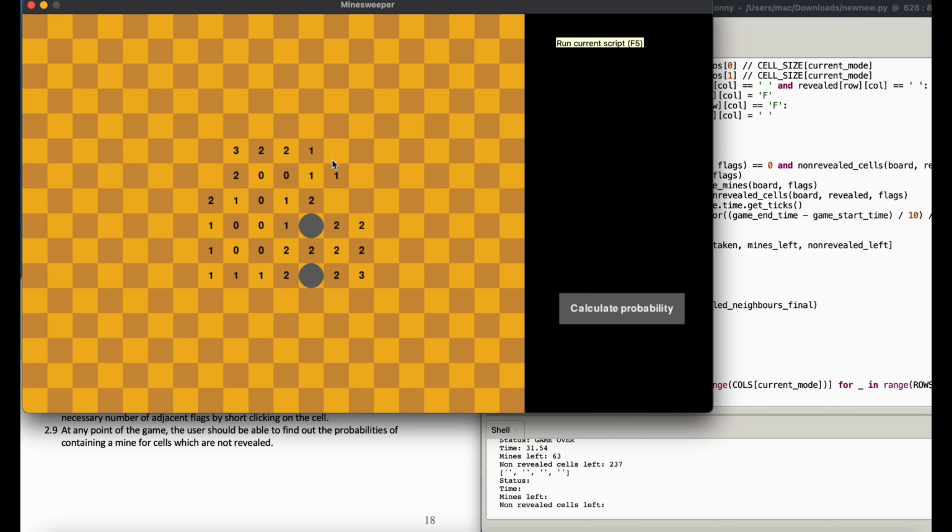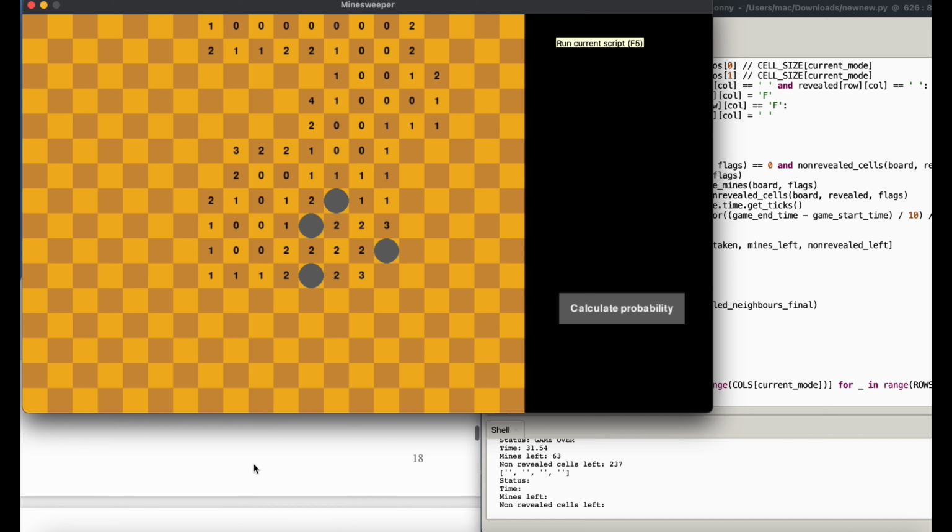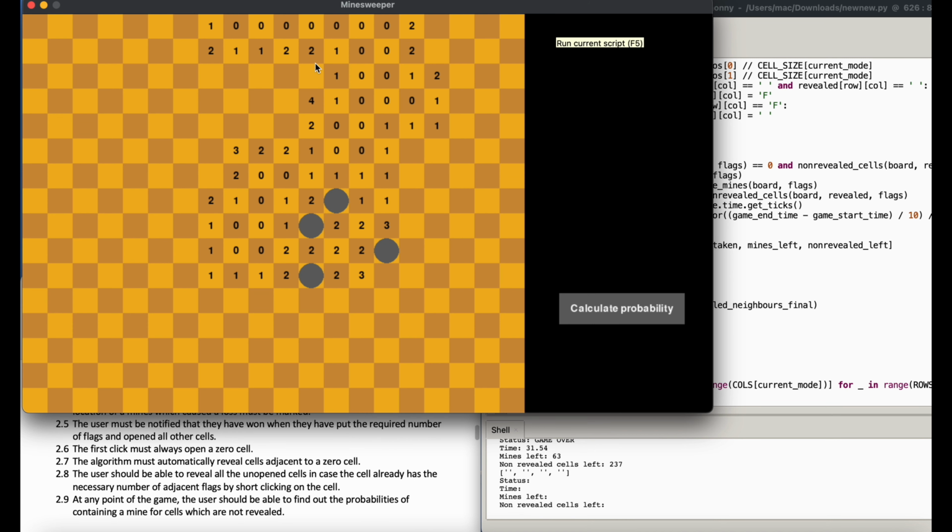So we can short click, and we can see that these probabilities disappear. And we can continue the game. So these are all the game objectives.